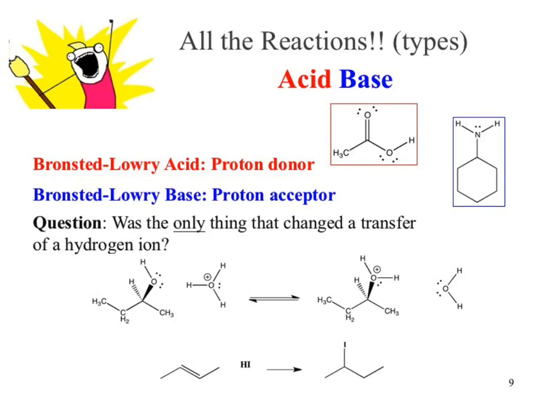So how do we know we're looking at an acid-base reaction? Well, the only thing that has changed is the transfer of a hydrogen ion. If that is true, then it's an acid-base reaction. Officially, a Bronsted-Lowry acid-base reaction. So we take a look at the top reaction there. What happened? Just the transfer of a hydrogen. How?